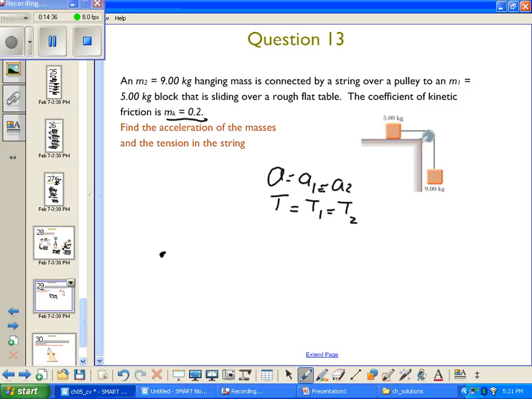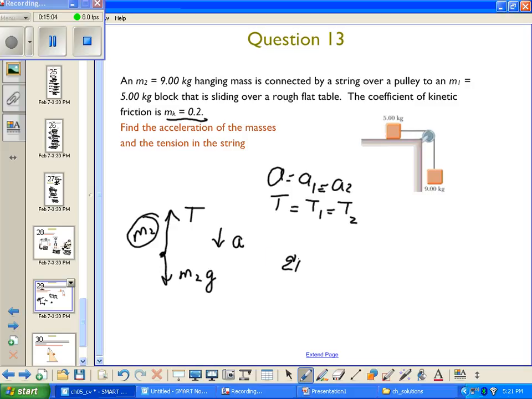Let's begin by drawing one of the masses, the hanging mass M2. We've got the force of gravity downward, M2g. We've got tension upward, T, and we know that the mass is sliding downward. So a is downward, and we must take it as negative.